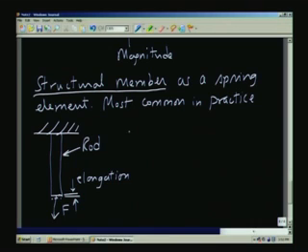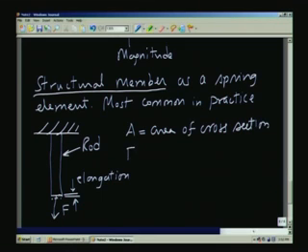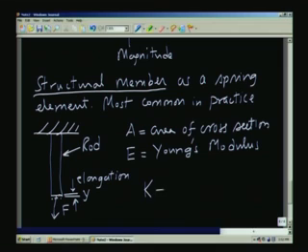So, if the area of cross section is A and the Young's modulus is E for the material of the rod, and if the deflection is y, that is y is the deflection or elongation, the spring constant is nothing but area of cross section times the Young's modulus divided by the length, AE by L. You can in fact verify this.